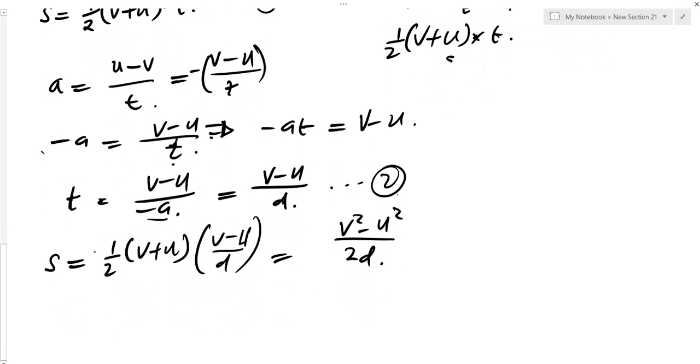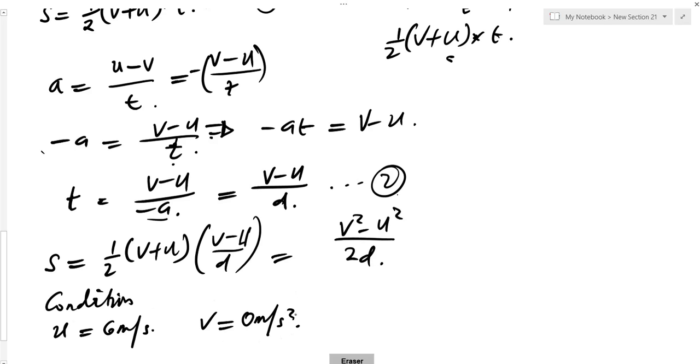Now at this point, let's give the conditions. At the initial speed, it is 6 meters per second. At the final speed, where it stops, v is 0 meter per second.